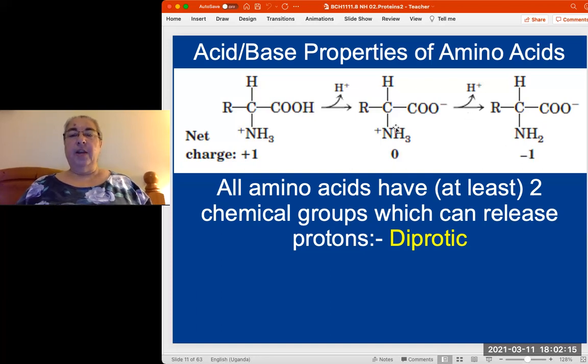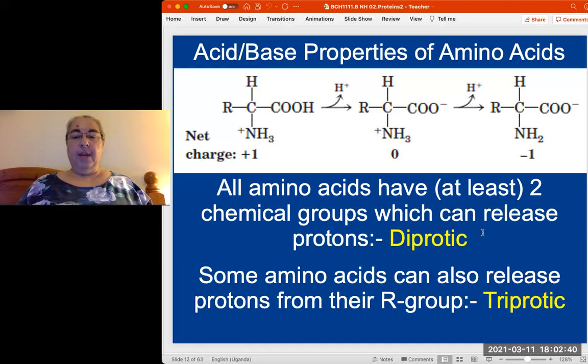So this property of being able to release two hydrogen ions, two protons, remember that a hydrogen ion and a proton are interchangeable names for the same thing. So being able to release two protons means that all amino acids are diprotic.